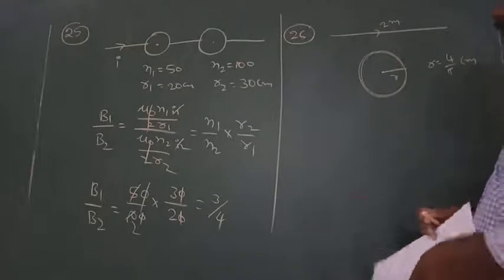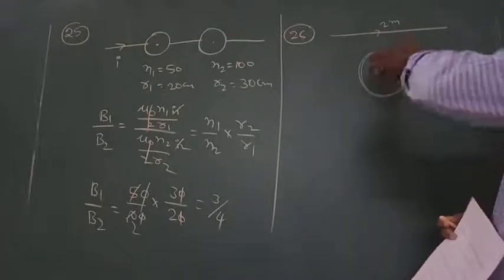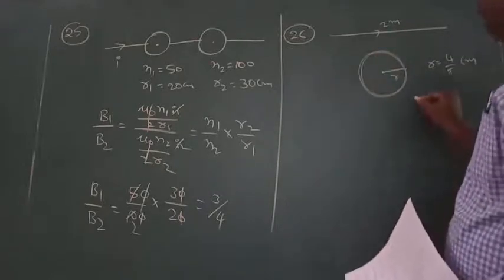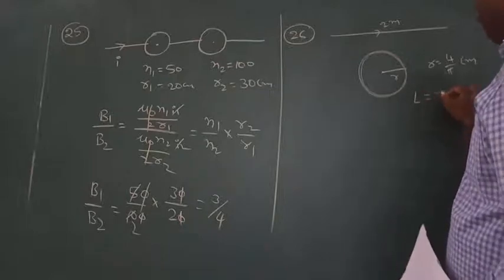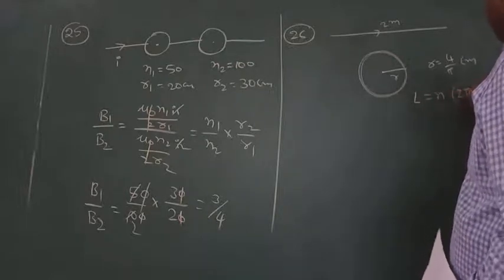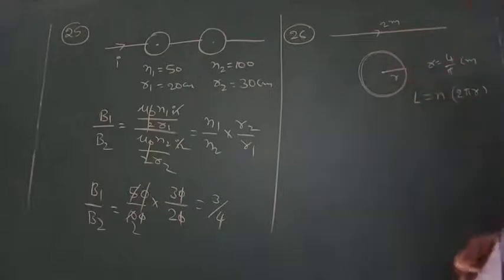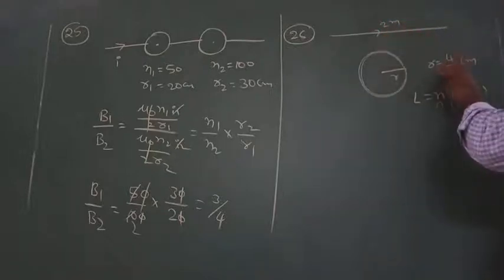From this situation, what is the number of turns? Here the length equals the number of turns into the circumference of the circle. So the length is 2 meters and the radius is 4 by pi centimeters.